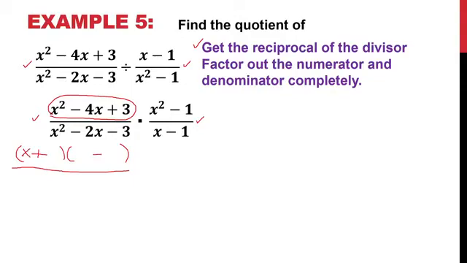Let's write the variable x. What are factors of 3 that when added give 4? By the way, the sign is not plus minus. It's minus minus.